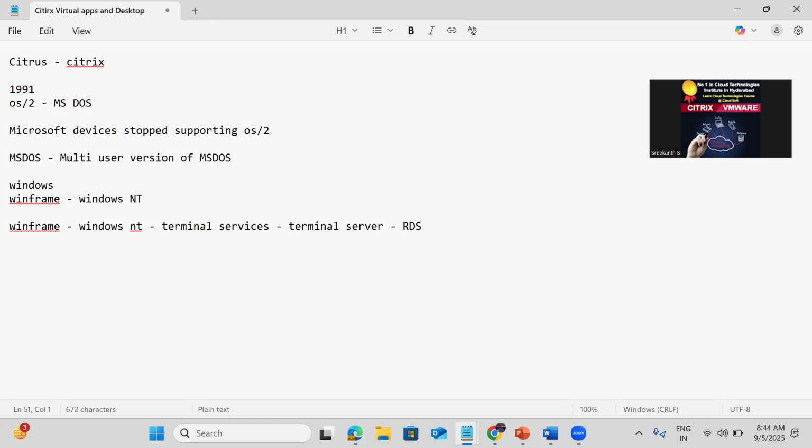Microsoft did not accept releasing it as WinFrame; they wanted it under their own name, because Microsoft had become an IT giant with Windows. So we got Terminal Services and the RDS we call it today.